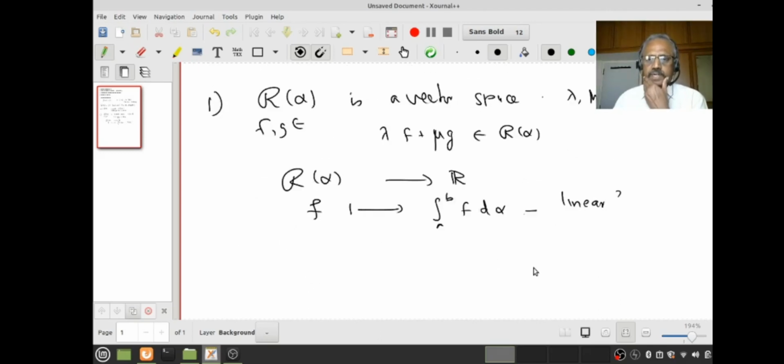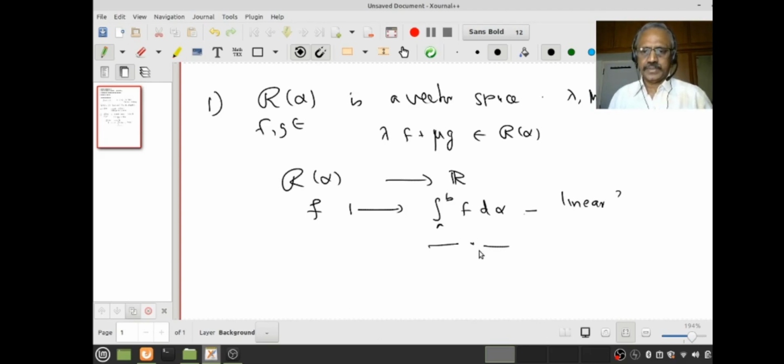Now before going on, let's look at one thing. We defined R of alpha for any function alpha, not necessarily increasing. This is a gentle, vague remark, and you will see its use, because this is the kind of intuition you should have.